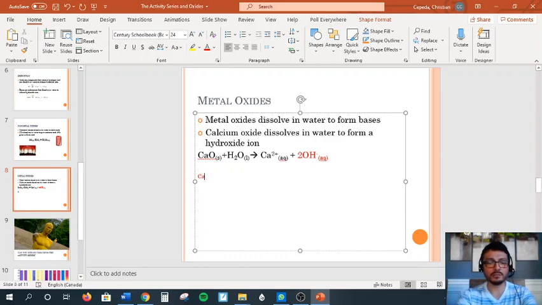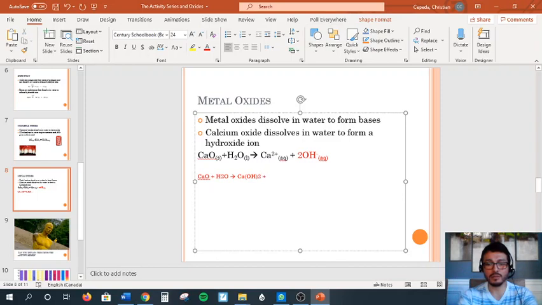All right, calcium oxide plus H2O. It should be subscripted, but for now, we'll leave it like that. We'll create calcium hydroxide, Ca(OH)2. The 2 should be subscripted.